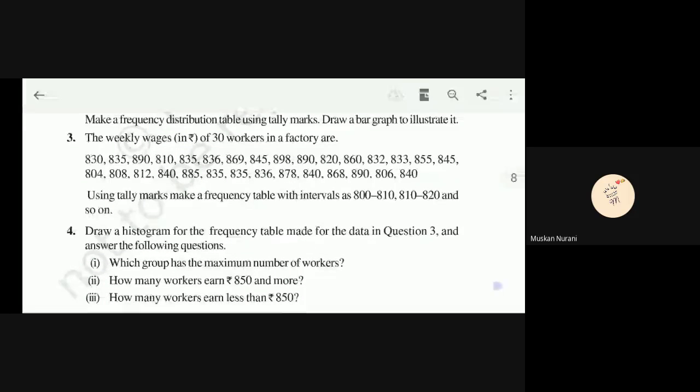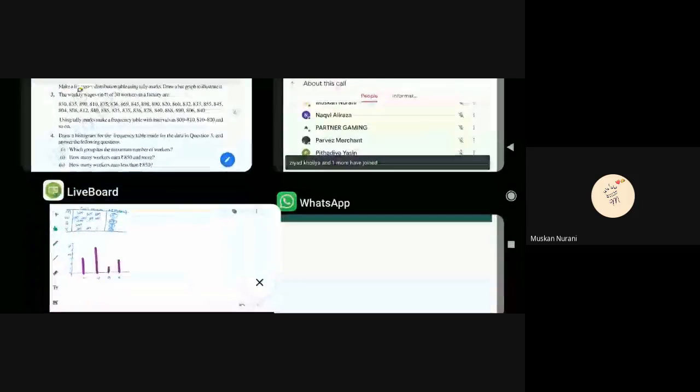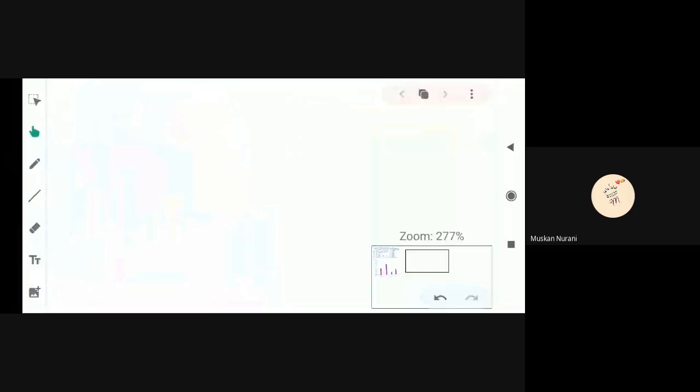Now we are making a frequency distribution table with the help of tally marks. Please see here.